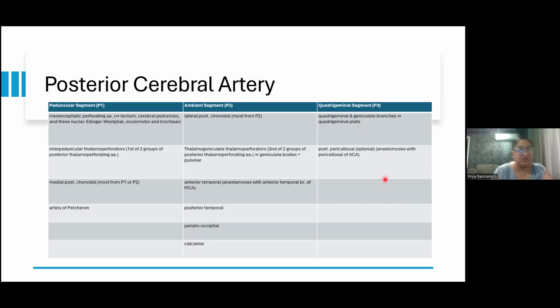In essence, they've just basically said that P4 branches come off of the quadrigeminal segment as well. What I do want you to take home from this slide is the artery of Percheron coming off of P1, or the peduncular segment. Why? Because it's a rare anatomic variant in which you have a solitary arterial trunk arising from the proximal segment of one PCA that supplies the paramedian thalami and the rostral midbrain bilaterally.